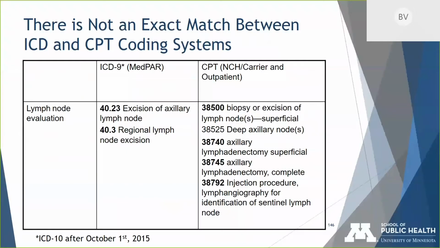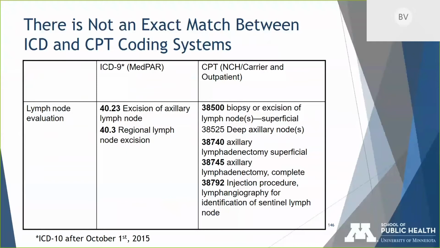So let's just take the example of lymph node evaluation. As I mentioned before, within the Medpar or the hospitalization file, they bill using ICD-9 procedure codes, which tend to be much higher level, broader, all-encompassing codes, and it may not provide as much information as you would like.